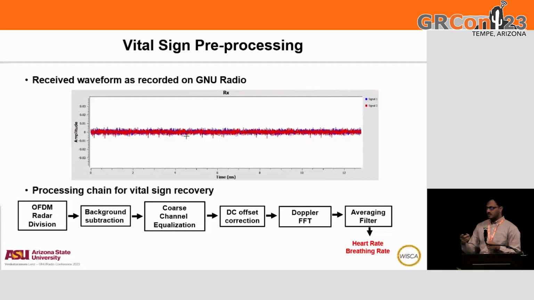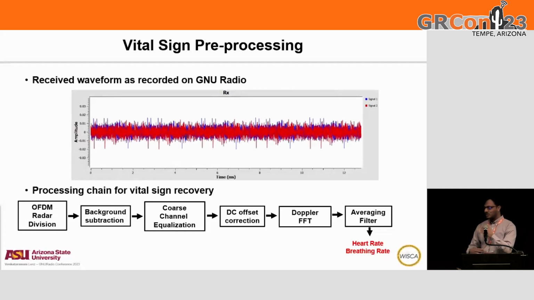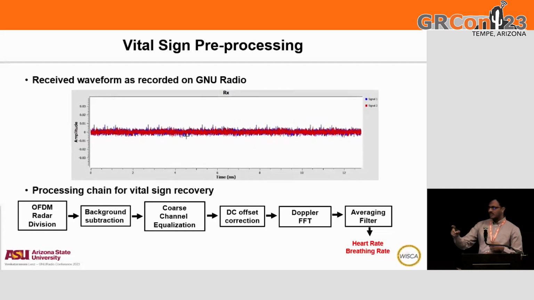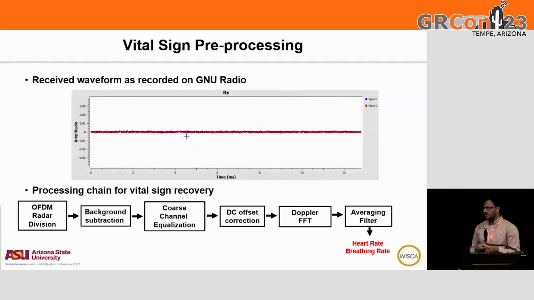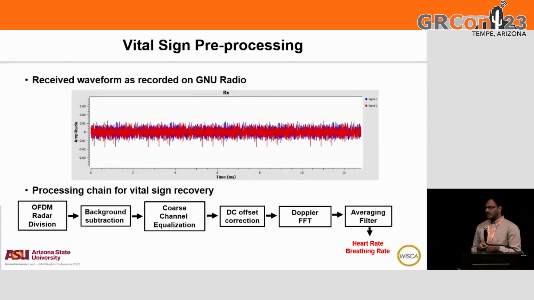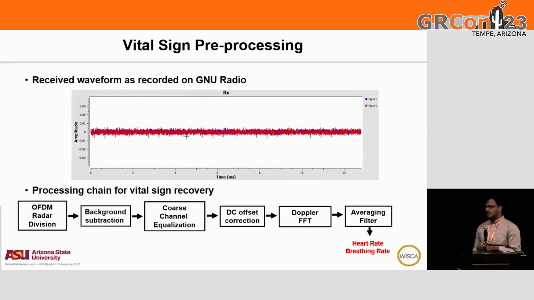And every time the subject, Bella, moved her chest back and forth, you can see that there's a change in the amplitude, which makes sense. Hence, just looking at the waveform, you can say that there's something interesting happening over there.